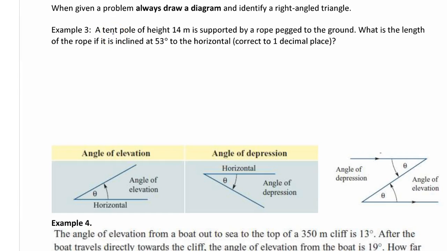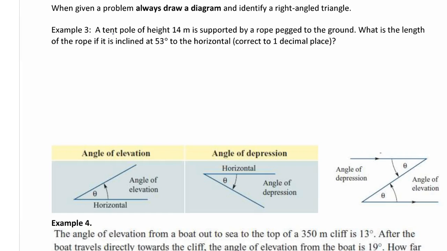Now it doesn't matter that we can't draw a tent, but what we're trying to do is identify a right angle triangle. So it doesn't matter that our diagram doesn't look like a tent. Our focus is going to be to establish a right angle triangle, because you could see from the previous examples, once you've got a right angle triangle, you've got the steps for finding either the side or an angle in that triangle.